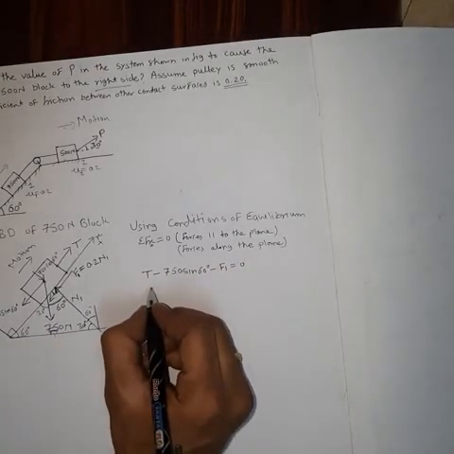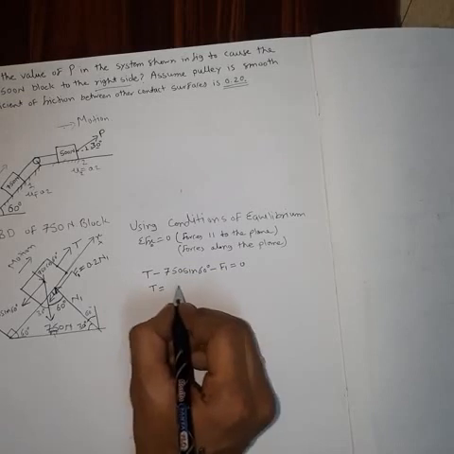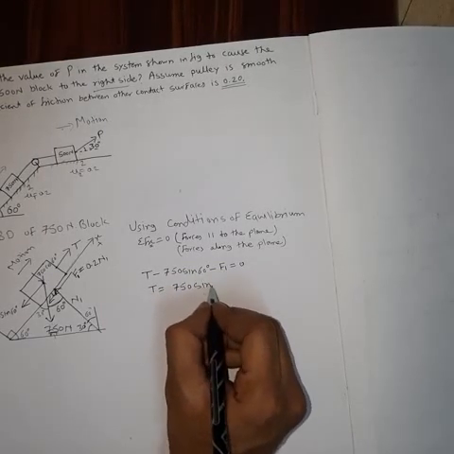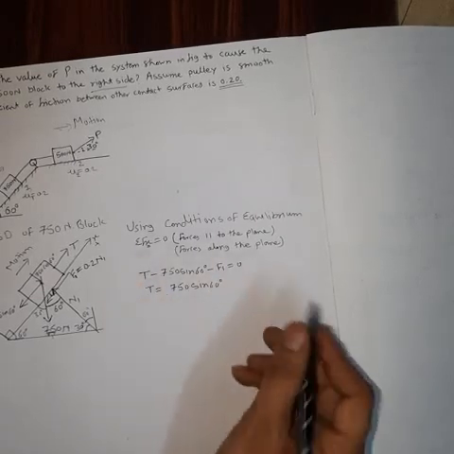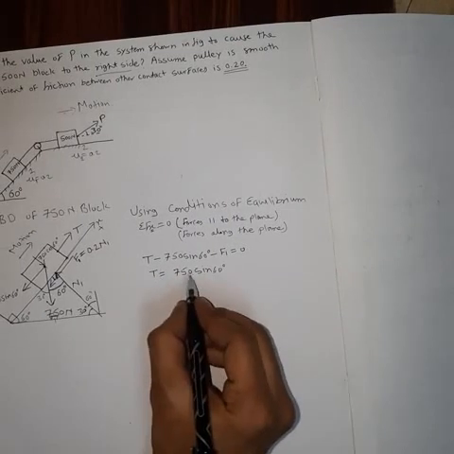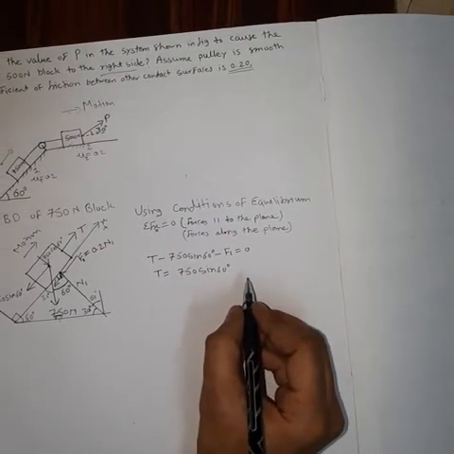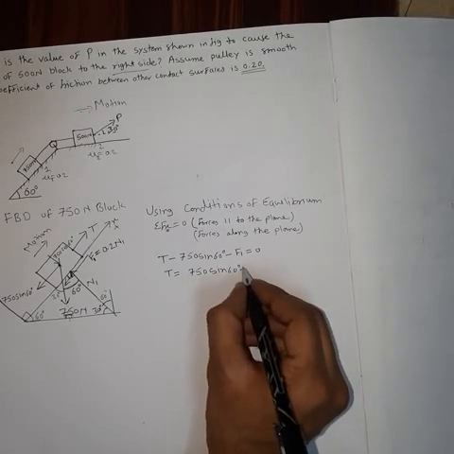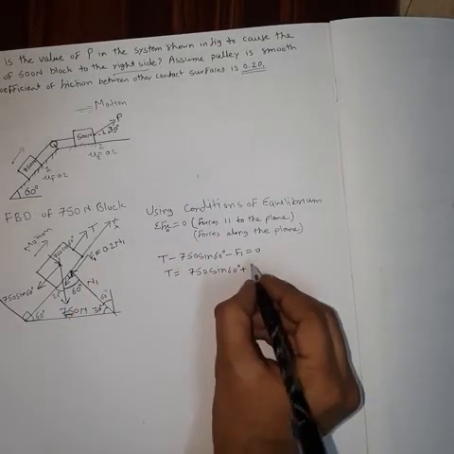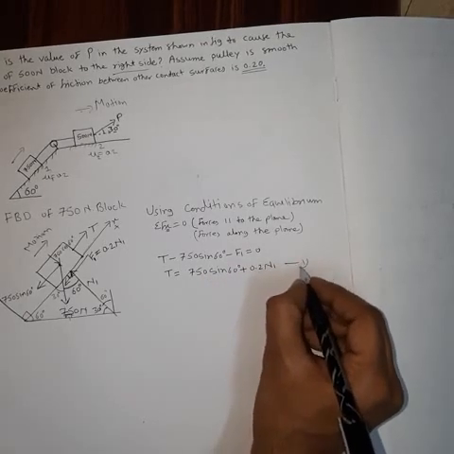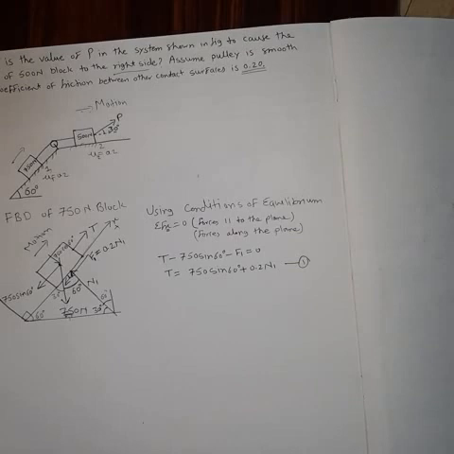So we can write in terms of T, so that will be T is equal to 750 sin 60 degree. This negative, when it goes to the right, it becomes positive. Again this minus here will become plus. So for F1 I can write 0.2 N1, so 0.2 times N1. So I can name this as equation number 1.